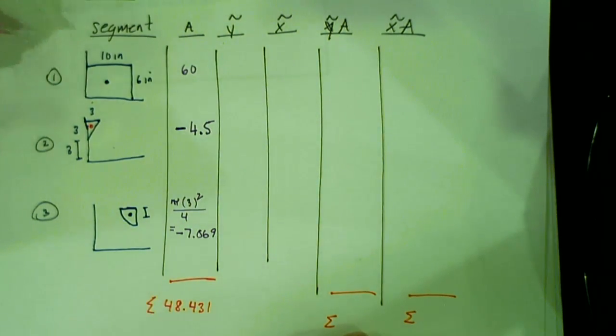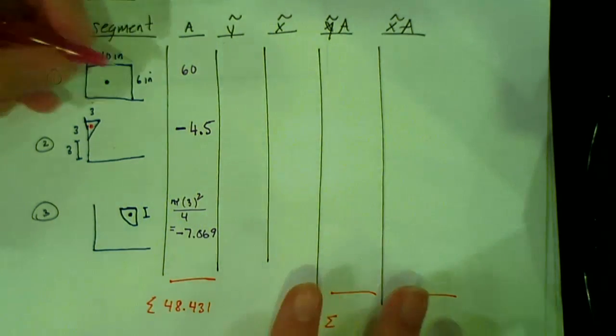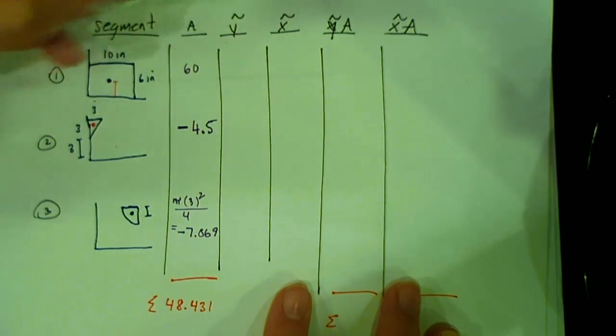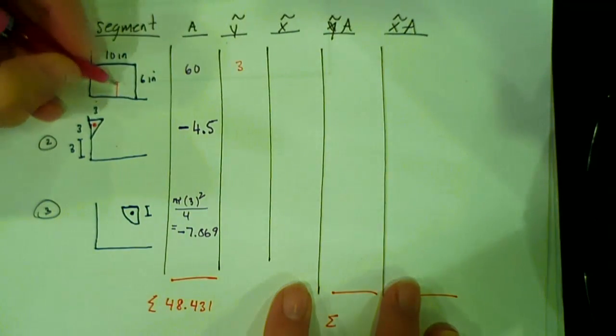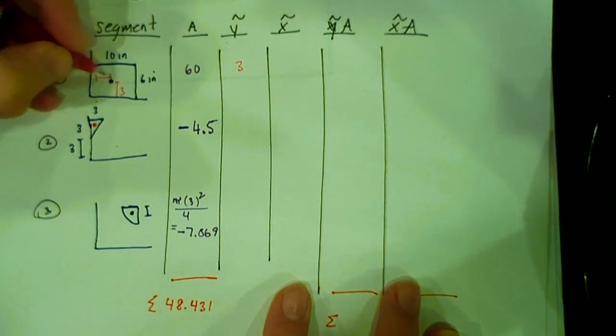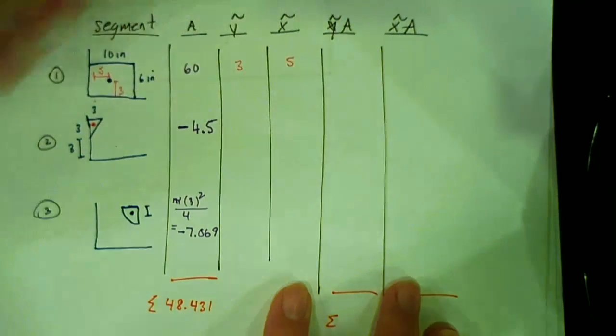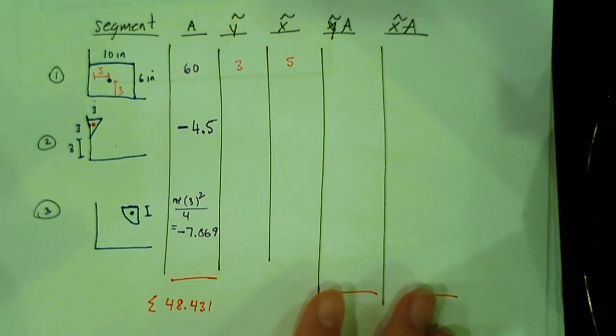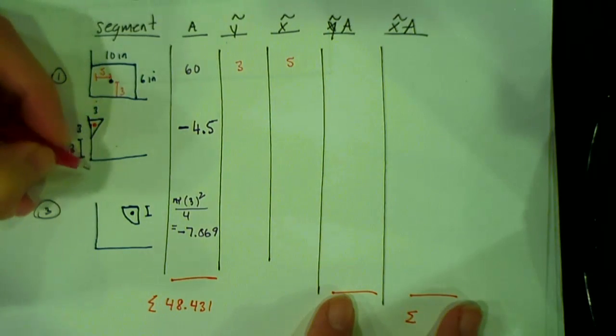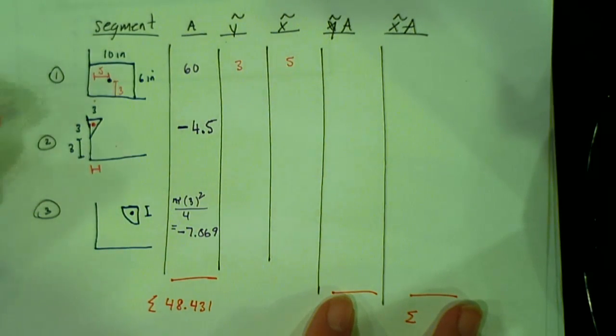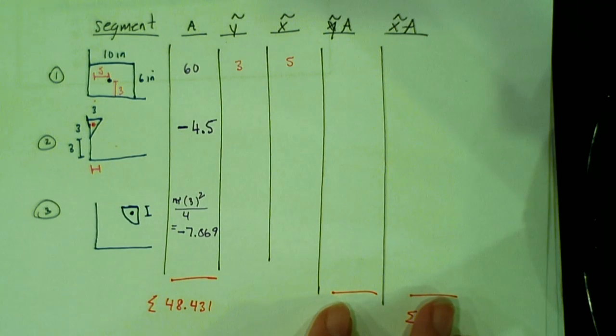Now I need to find my y tilde and my x tilde, the centroids of the individual figures. For this one, my y tilde is going to be 3, and my x tilde is going to be 5. Now for the next one, my x tilde is going to be 1/3 of that base, so 1/3 of 3 is 1.